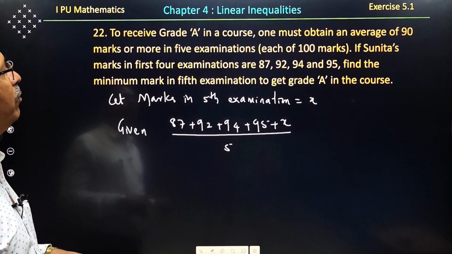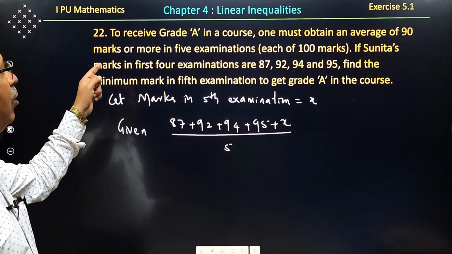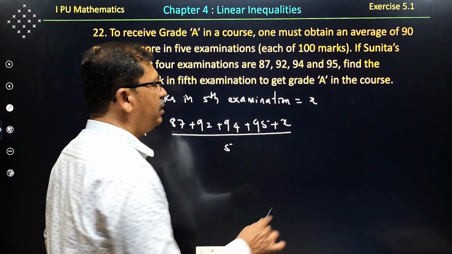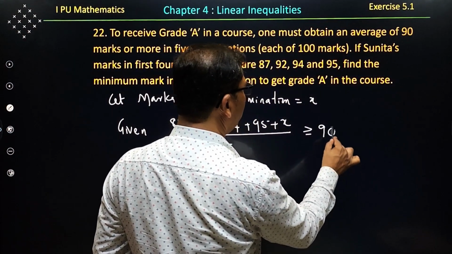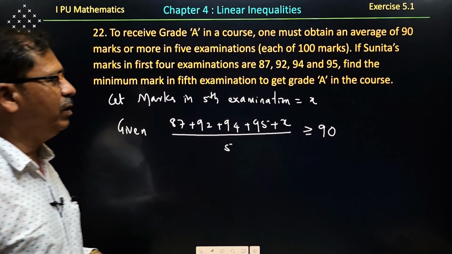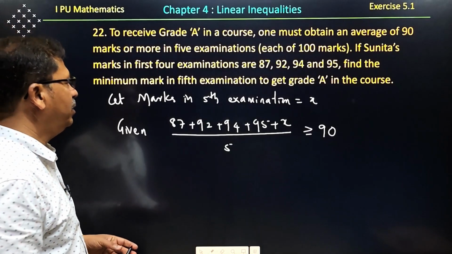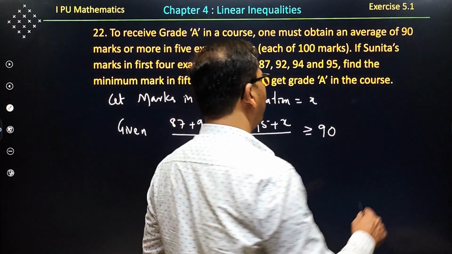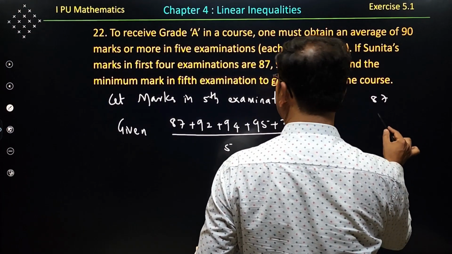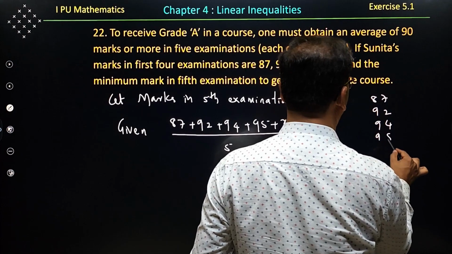One must obtain an average of 90 marks or more in 5 examinations, means 90 or more, means greater than or equal to 90. This average must be greater than or equal to 90 here. Okay, let us add all this: 87, 92, 94 and then 95.